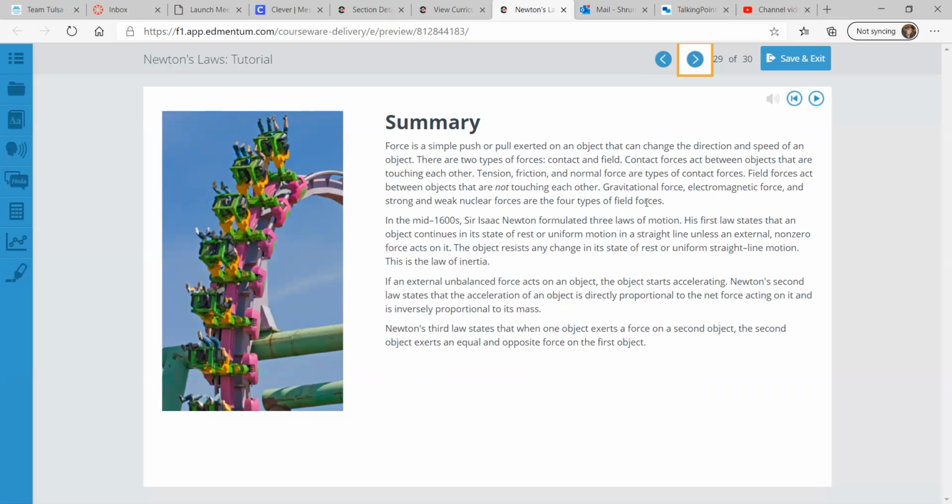Sir Isaac Newton, in the mid-1600s, formulated three laws of motion. The first law states that an object continues in its state of rest or uniform motion in a straight line unless an external non-zero force acts on it. The object resists any change in its state of rest or uniform straight-line motion. This is the law of inertia.